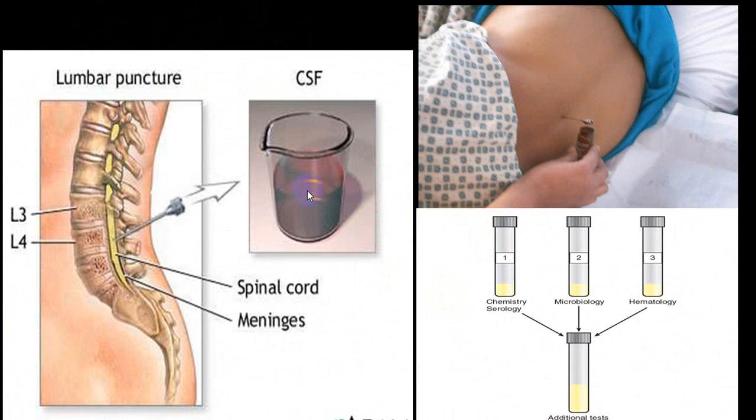Whenever you are collecting CSF in a test tube, you can look at the physical appearance, that is color, clarity, turbidity, which can be easily seen at that stage only.